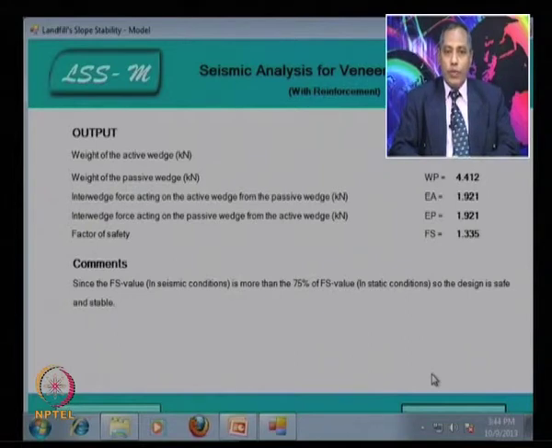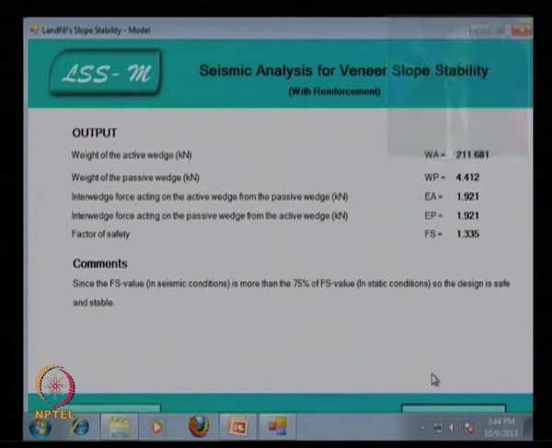So, comment: since the factor of safety value in the seismic condition is more than 75% of the factor of safety value in the static condition, the design is safe and stable.